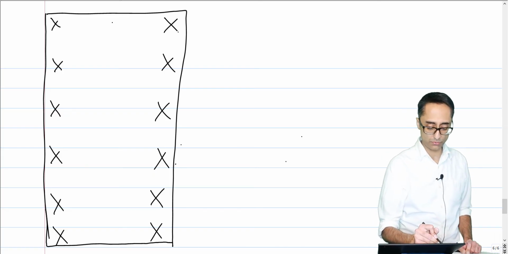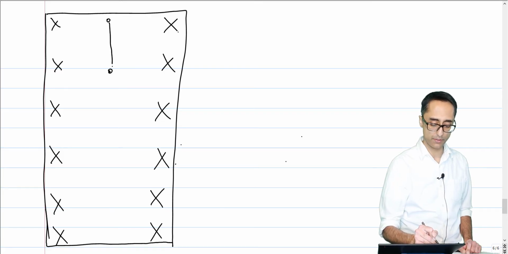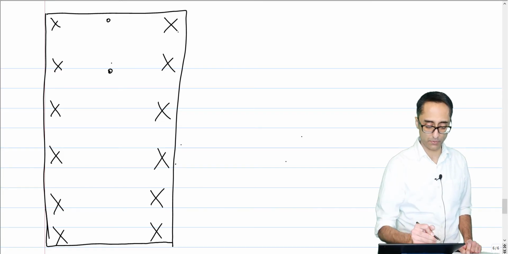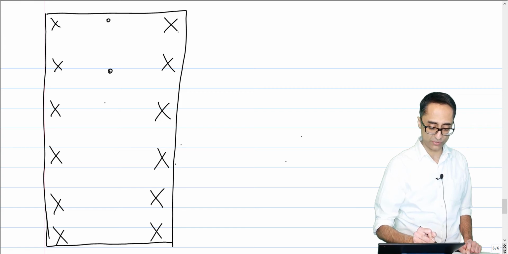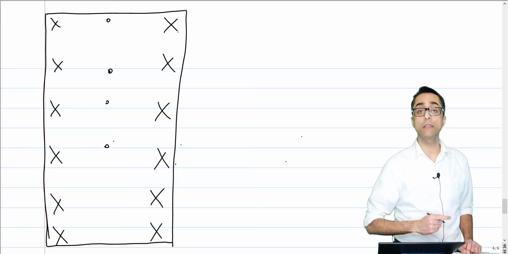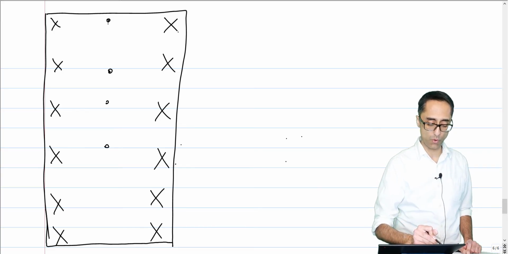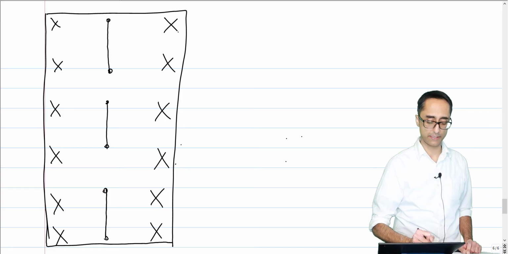And we're going to get three separate wires through our table. So these holes represent holes in the table, and I'm going to run a wire through them. So they go from one to the next, from one to the next, from one to the next, like so.